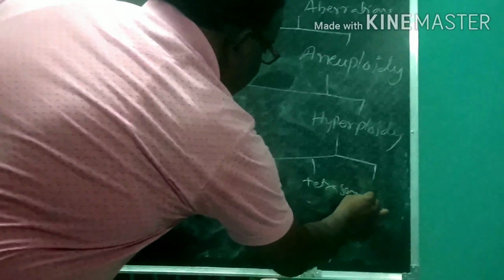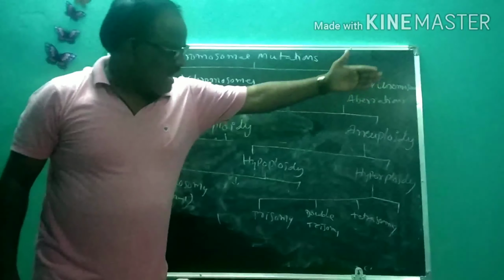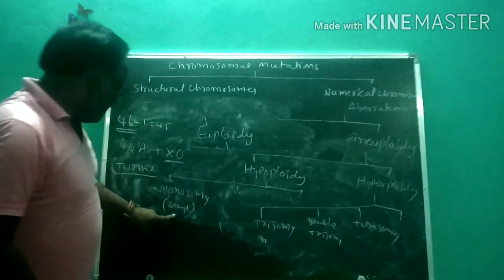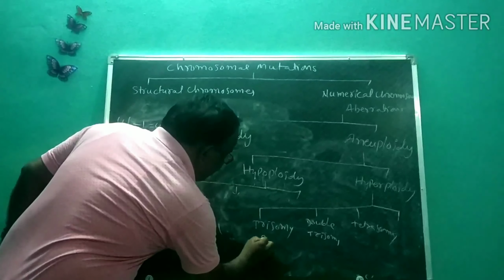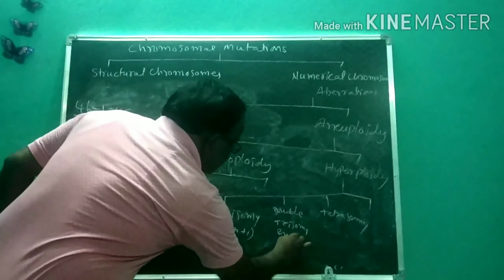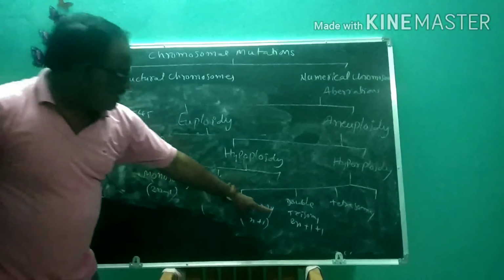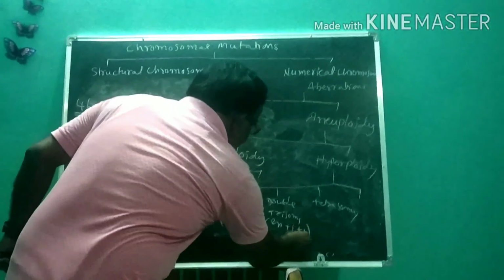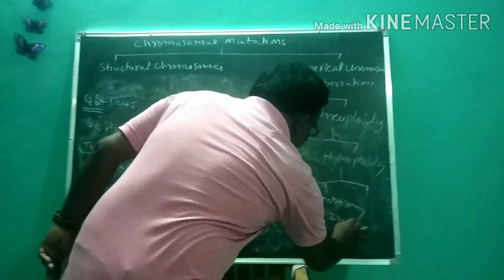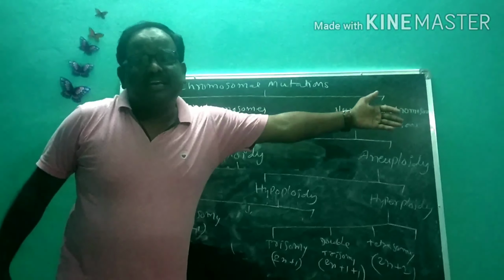So here simply trisomy, double trisomy, tetrasomy, pentasomy, hexasomy. As usual 2n, here 2n plus 1, here 2n plus 1 plus 1. Double trisomy is 2n plus 1 plus 1, here 2n plus 2. Pentasomy, hexasomy, like that, we can use.